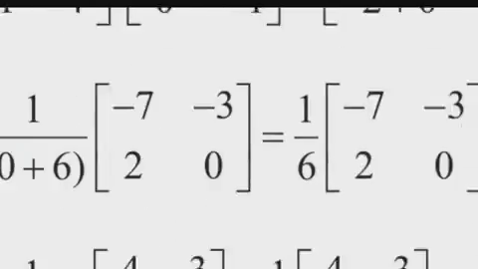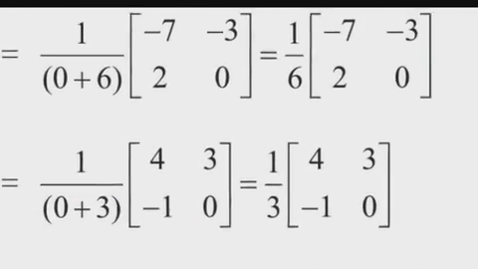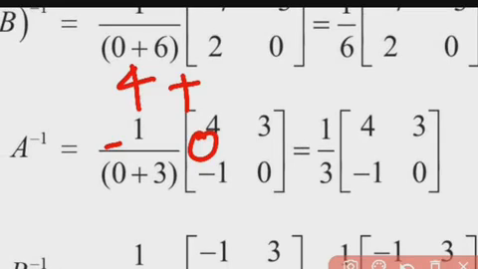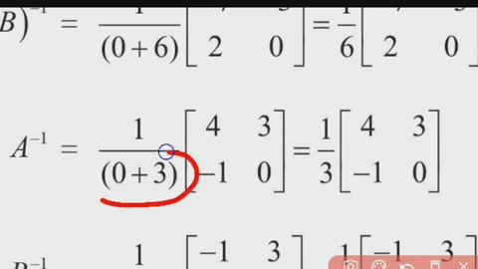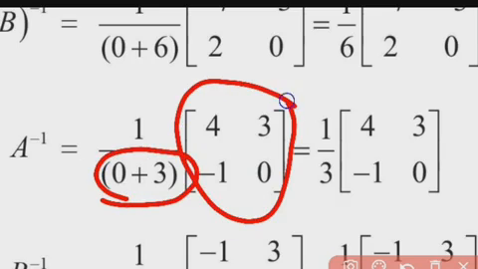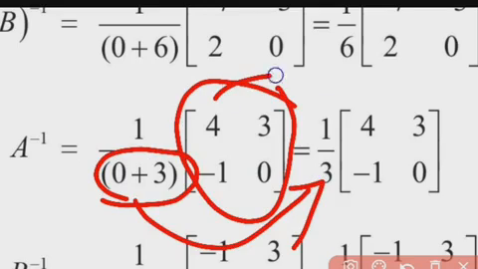This is the A inverse value, which is 1 by 3 into the adjoint of A matrix.